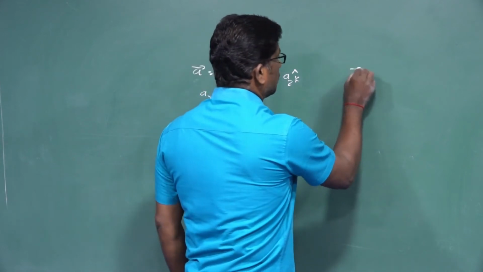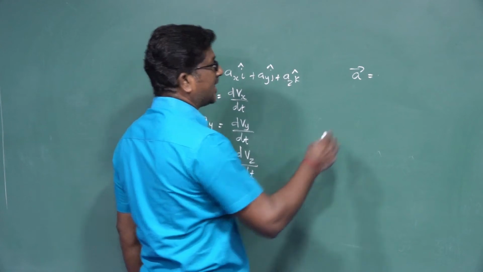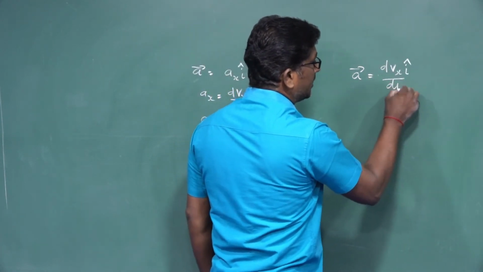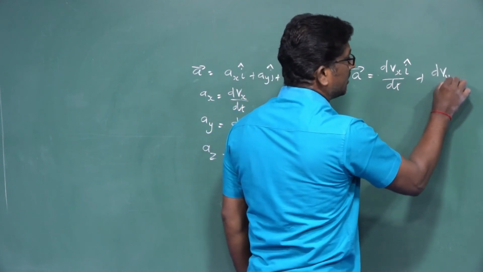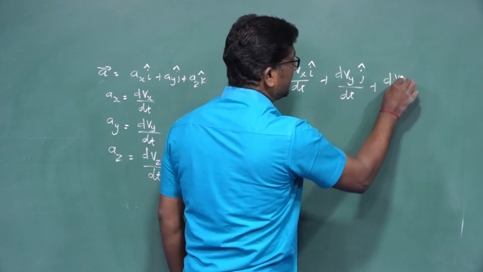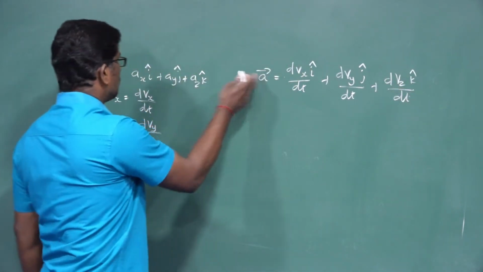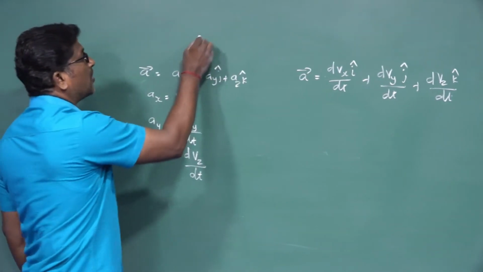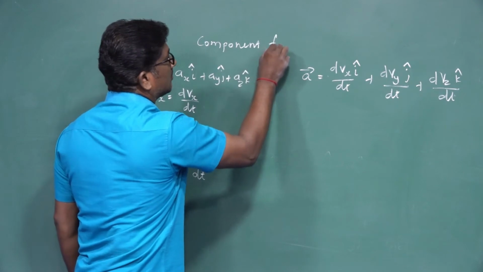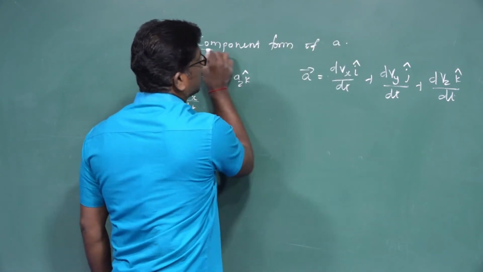Right. So a vector is equal to ax i cap plus ay j cap plus az k cap, or dvx i cap divided by dt plus dvy j cap divided by dt plus dvz k cap divided by dt. So both are component forms of acceleration.